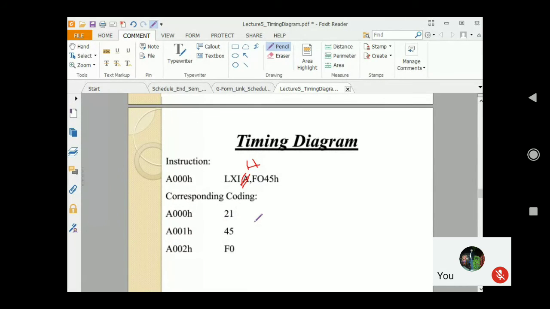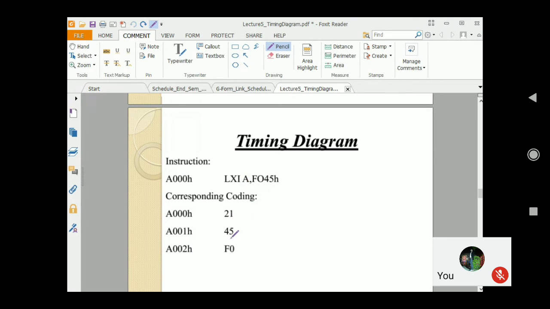And this particular code is going to be stored at this particular address. A000 holds 21. The higher order address is going to be here. A001 holds 45, and after that F0, which is the higher order, goes to A002. This one is the lower order address. We already saw this in the last class also.